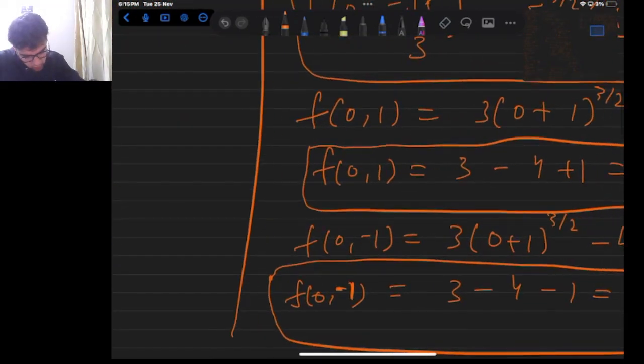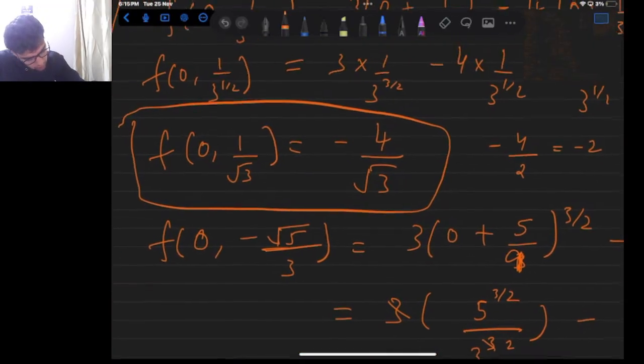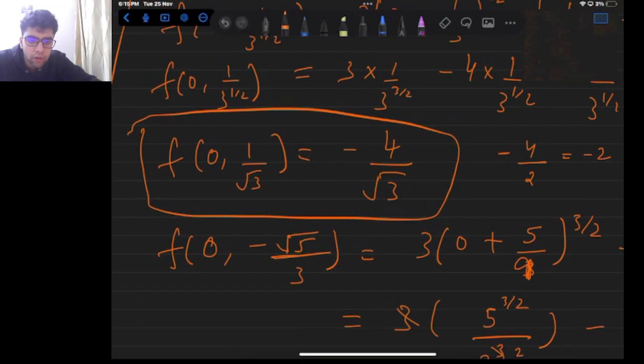And this value, 4 upon root 3, 4 divided by 1.73, is 2.31.